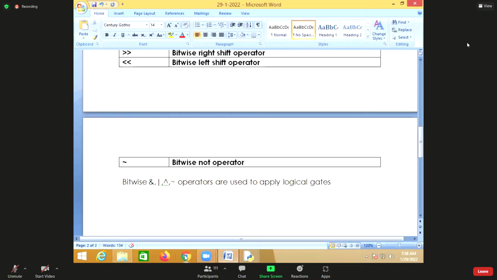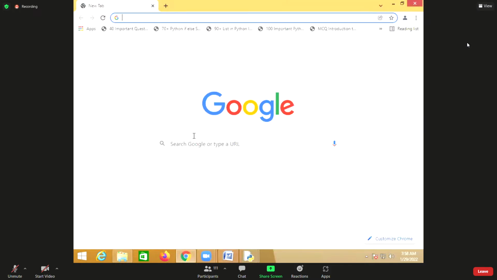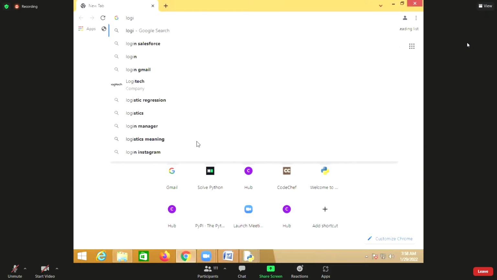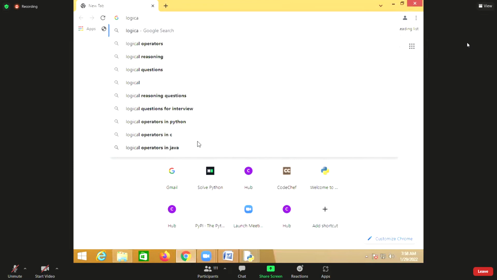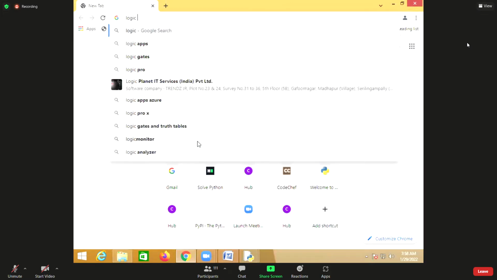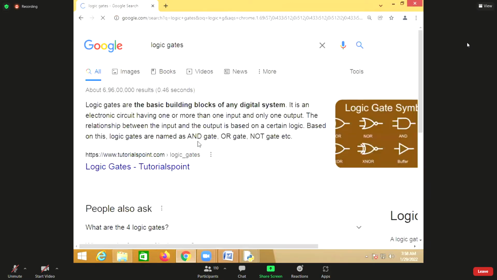But what exactly is a logical gate? In electronics, you find these logic gates. Logic gates are the basic building blocks of any digital system.